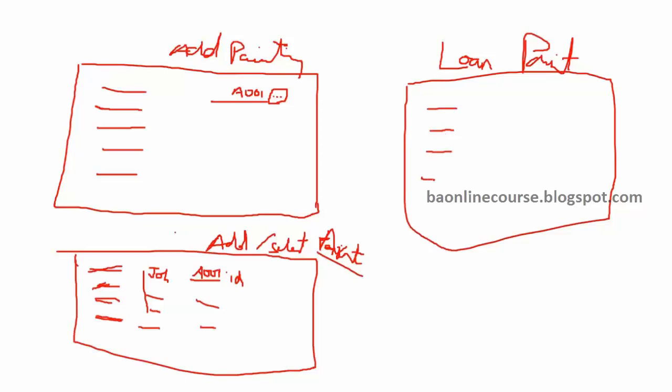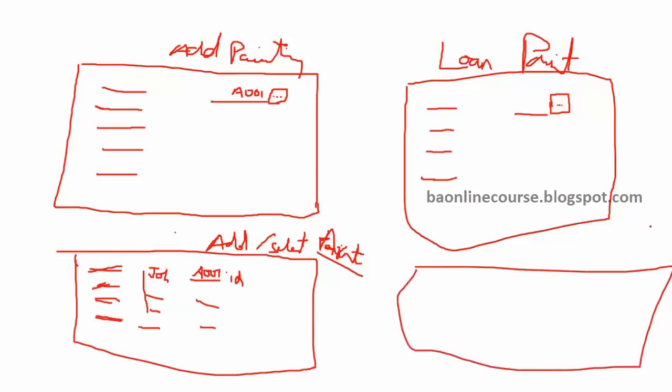So basically, which museum you are loaning it to. Again, for the museum to which you are loaning it, you capture a lot of details, so you don't want to repeat that information again. So maybe it would lead to another screen wherein you would say add museum, add or select a museum.